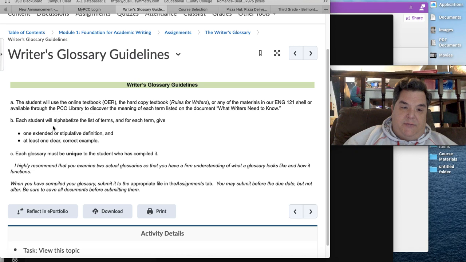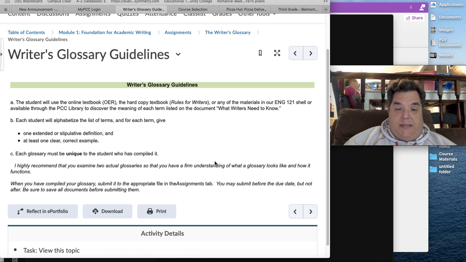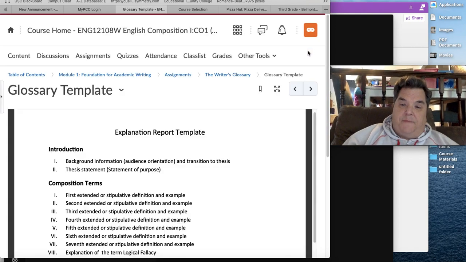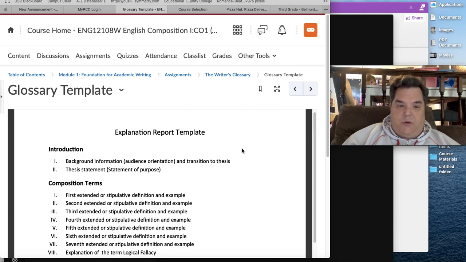So alphabetize a list of terms. Again, you don't have to alphabetize. Actually, you can organize it in a way that makes sense to you. Alphabetizing is also appropriate if you want to.